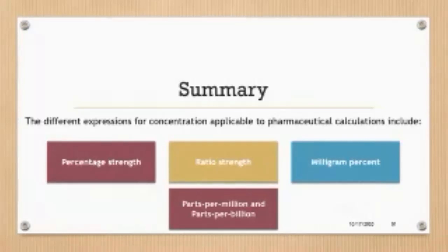So it could be weight in volume, or volume in volume. Okay, and it also could be weight in weight, just as we had seen with the antibiotic in the feed. So it could be the same expressions that we would have seen with ratio strength and percentage strength in terms of the notation: weight in weight, volume in volume, and weight in volume.